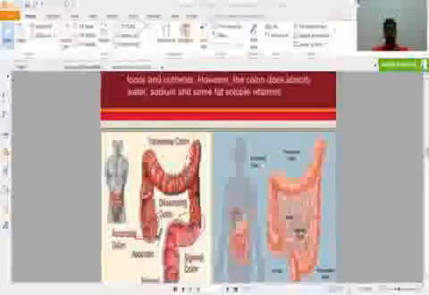Okay, students. The sigmoid colon is connected to the rectum. This one is the rectum, and the rectum connects with the anus. Clear, students?